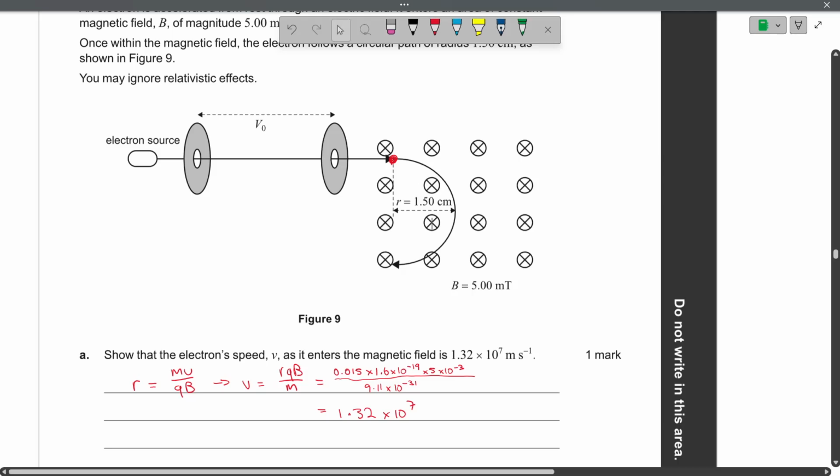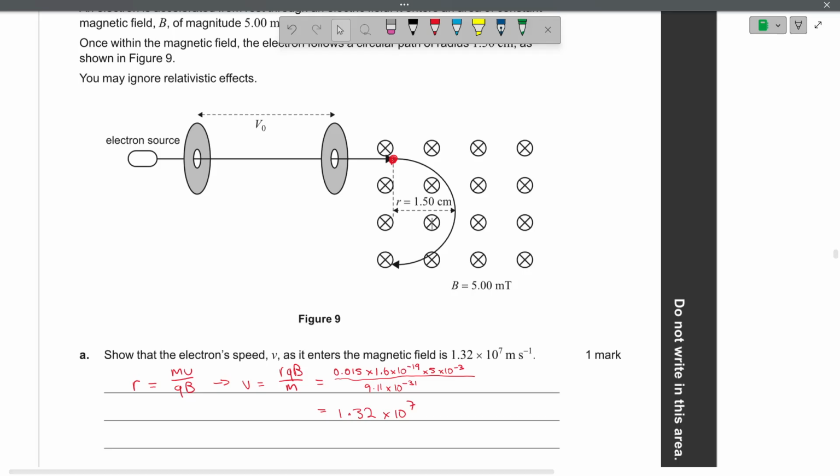Everything's the same, except your hand is oriented differently. Your fingers still point away from you, your thumb's still pointing to the right, but with your right hand the palm is pointing up. So the force on that proton will be up, which means it's going to curve that way.